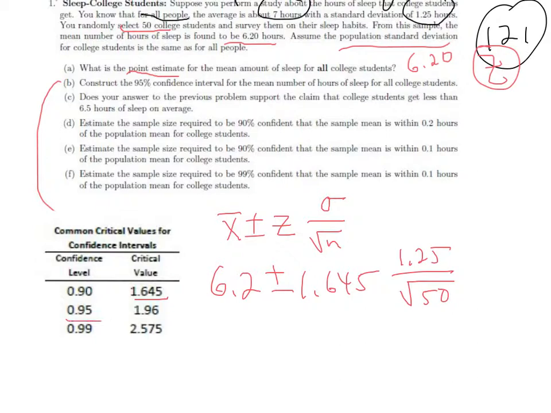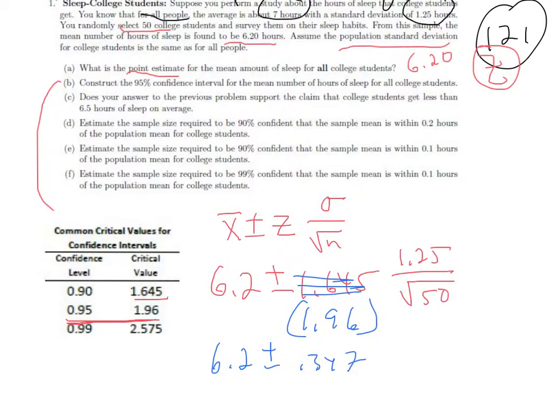So let's do the 95% confidence interval. All that's going to change is, instead of 1.645, we're going to replace that with the next z-score up, 1.96. And now if we do that same arithmetic, that's giving me a margin of error of 0.347 if I do some rounding.